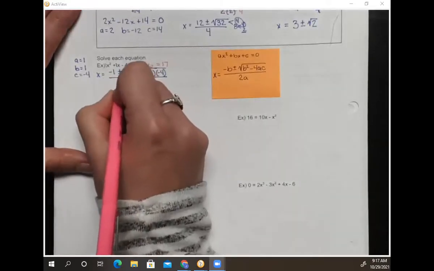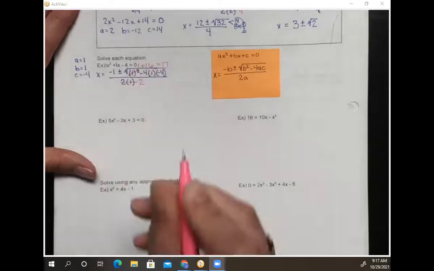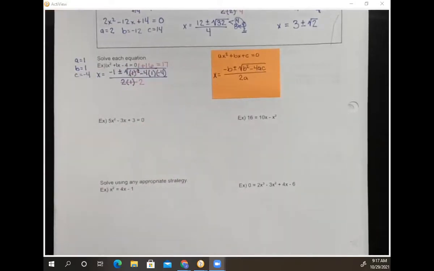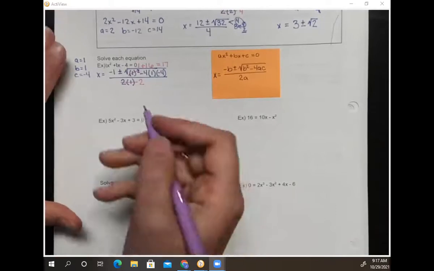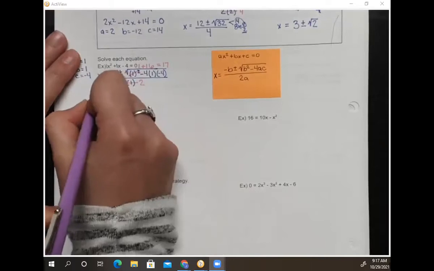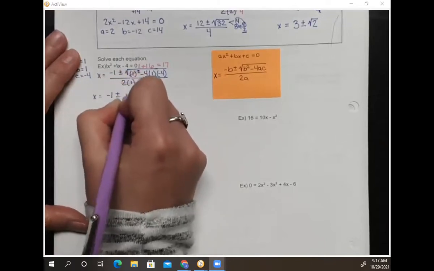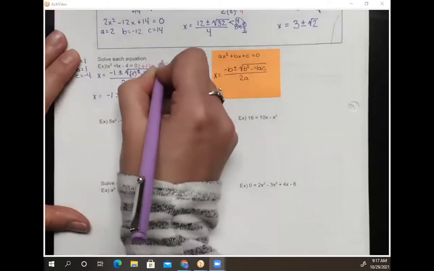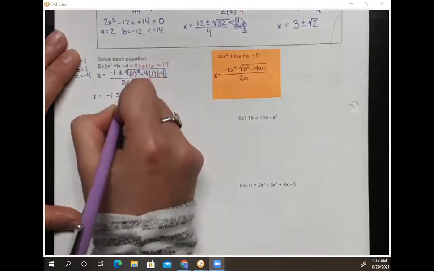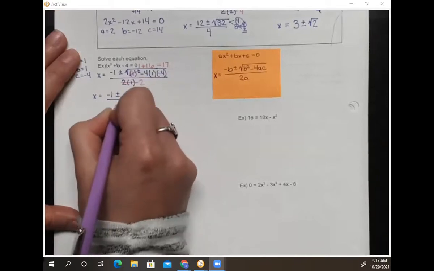And then on bottom here, 2 times 1 is just 2. So as I clean this up a little bit, I have x equals negative 1 plus or minus the square root of 17 all over 2.